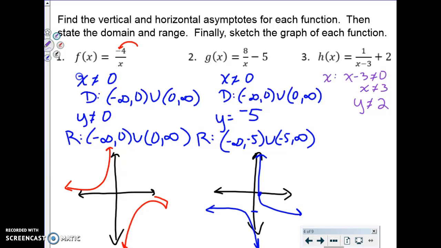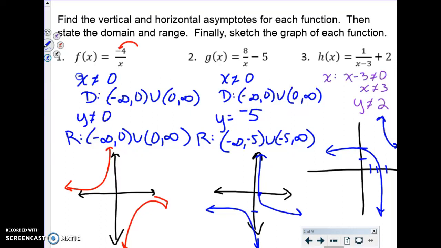If we sketch this graph, it's going to move over 3 spaces and up 2 spaces, and it's going to look like this, right? So there's no flip or anything like that. And all those places where the graph does not go through, we call those the asymptotes. So that was one of the things that I was supposed to do, actually, was to talk about the asymptotes.